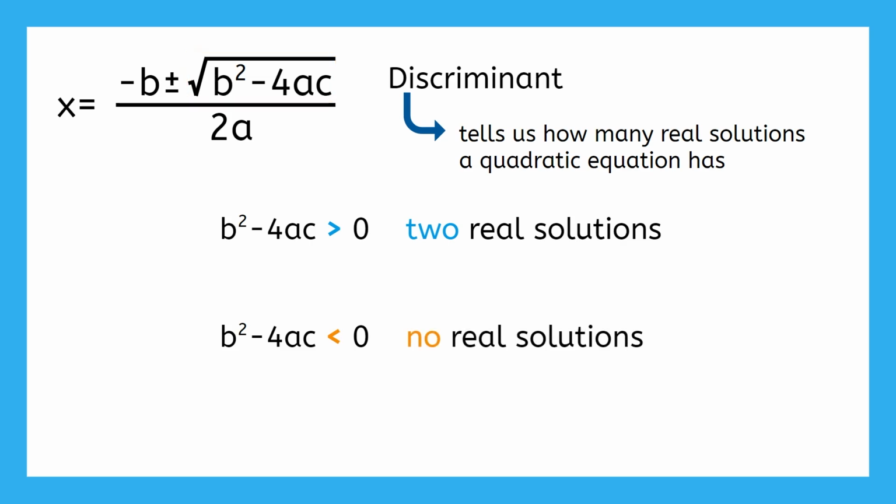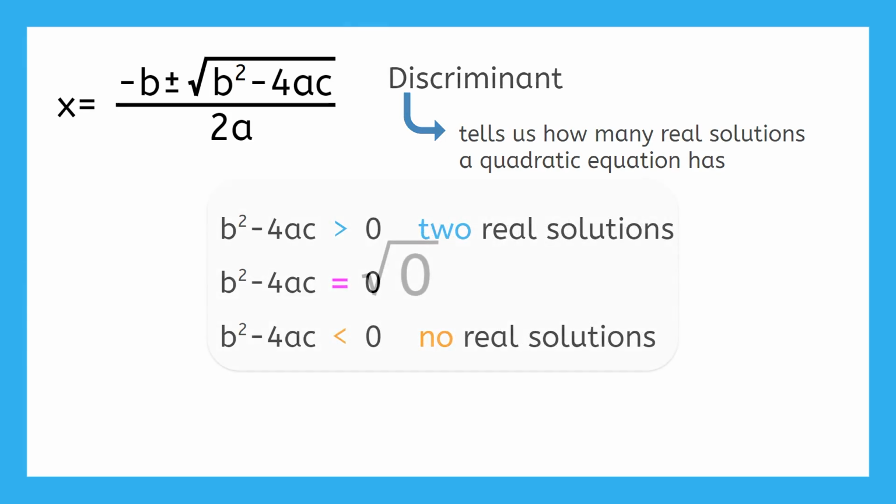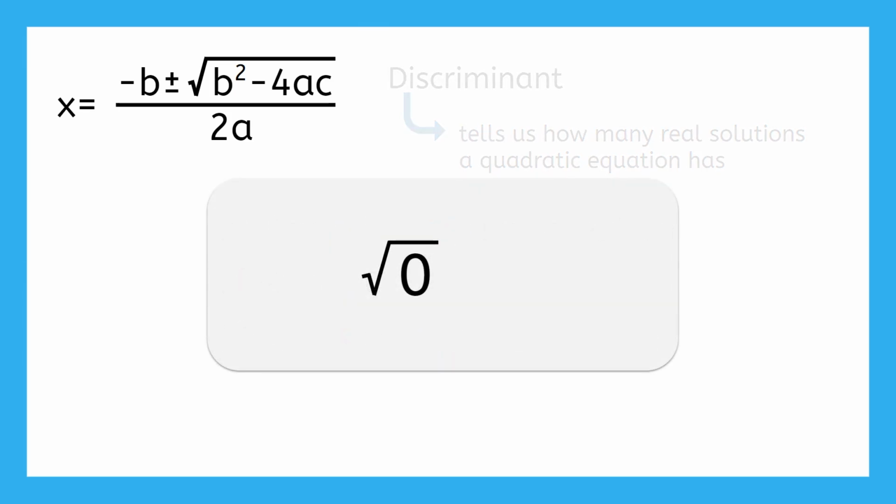But something's missing here. What if the discriminant is equal to 0? Let's say we're using the quadratic formula to solve an equation, and we end up with the square root of 0. What is the square root of 0? What number multiplied by itself equals 0?